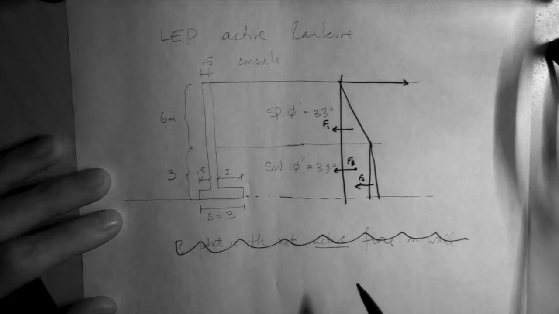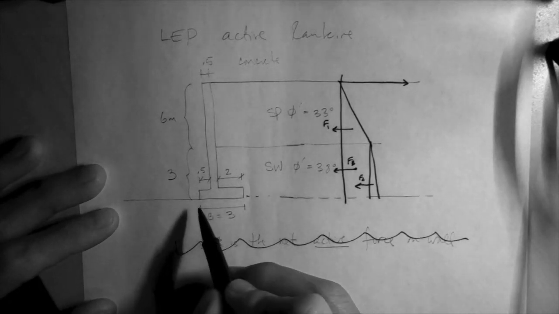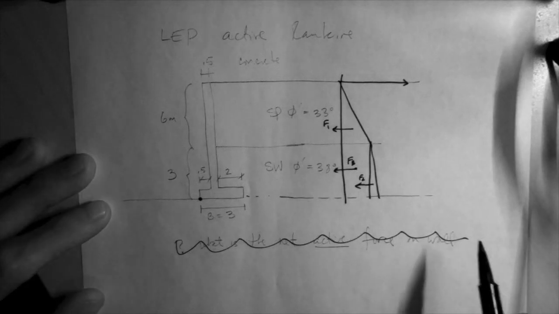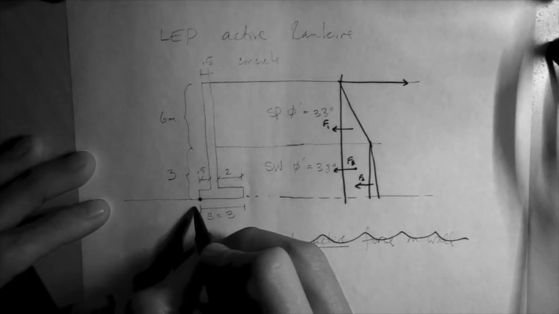When we do analysis by hand, we generally select the bottom of the toe of the wall, that point. Let's call it point A.